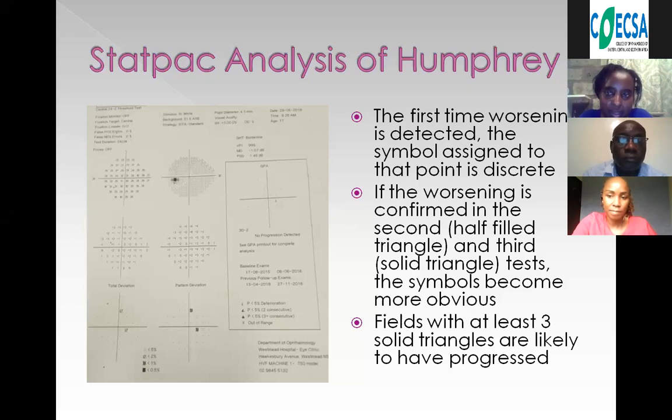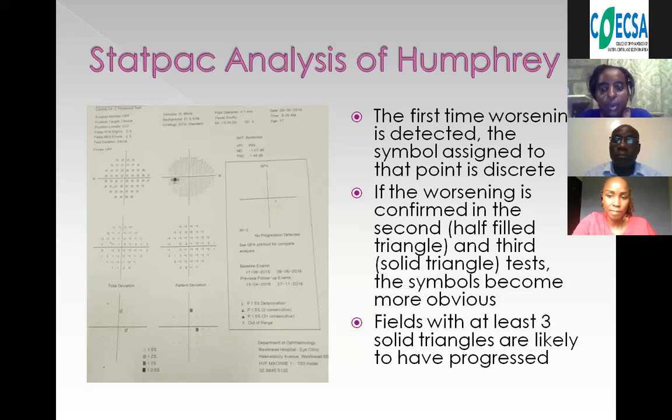What happens is, the first time a worsening is detected, there's a symbol, which is an open triangle. Then the second time, if the worsening is confirmed in the second field that you do, the symbol is now a half-filled triangle. Then the third time, the test has been done and the defects are still persisting or deepening, you find a solid triangle shows up.